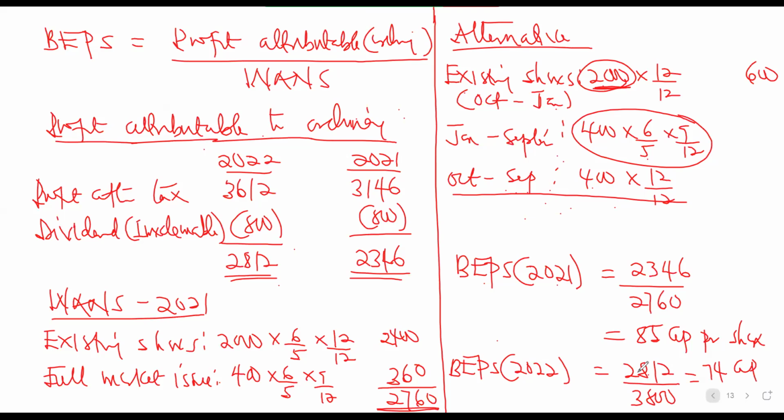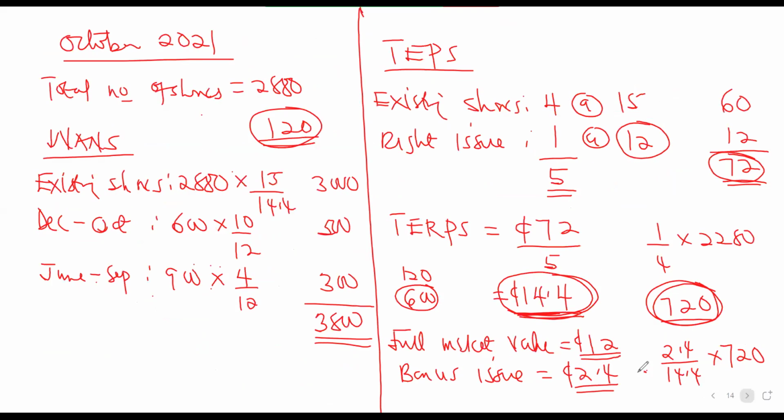They are asking us to find the weighted average number of shares, diluted earnings per share. The diluted earnings per share asks: what are the instruments available now that are going to have an effect on our shares in the future?